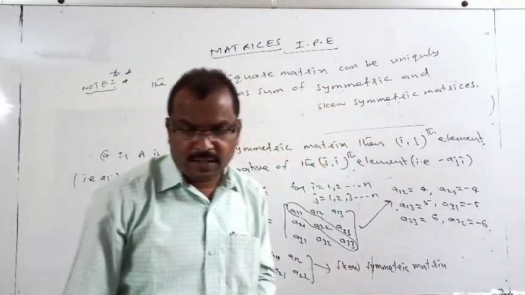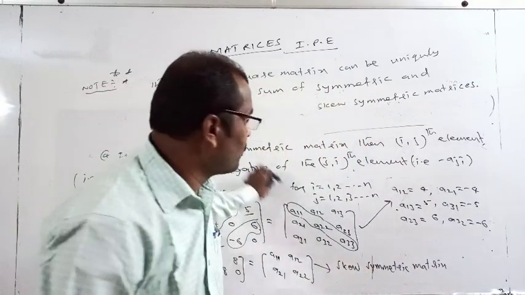So every square matrix is uniquely expressed as the sum of a symmetric and skew symmetric matrix.